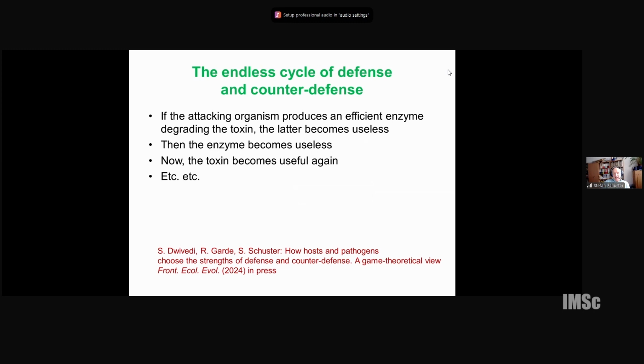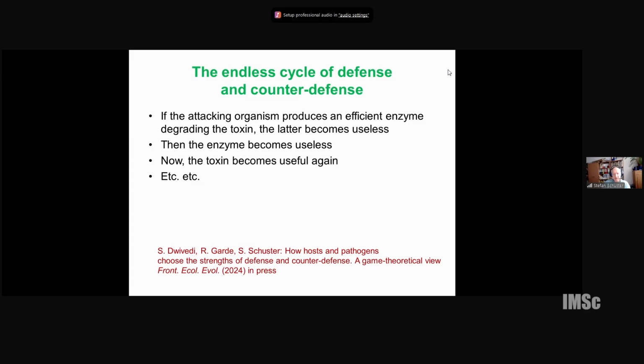But if then the plant stops producing the toxin, then the enzyme becomes useless. And production implies costs, no? So then the organism can save costs by not producing it. But then if it stops producing the enzyme, the toxin becomes useful again. And you see there is no pure Nash equilibrium, so it's very much related to the matching pennies game.